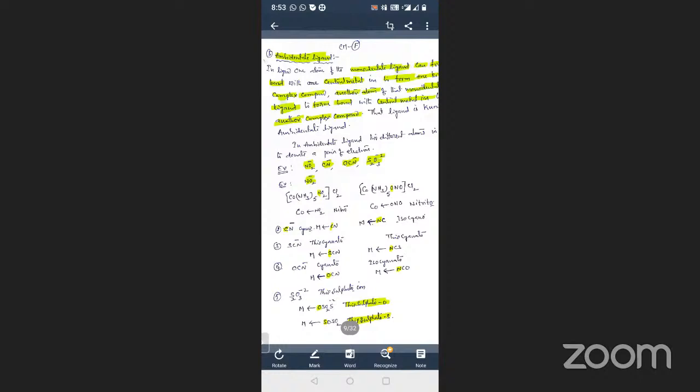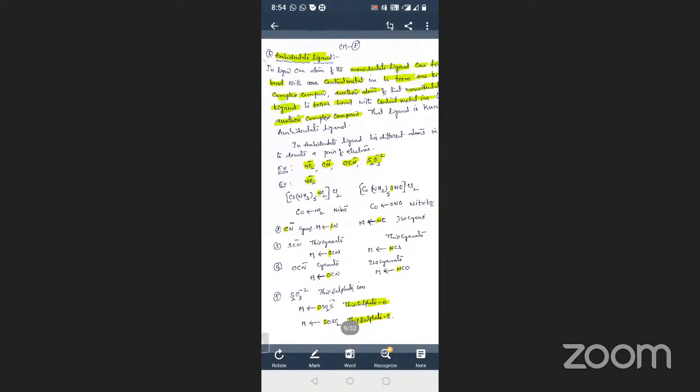Now its name is pentaamminenitrocobalt(III) chloride. And the other is pentaamminenitritocobalt(III) chloride. Here cobalt is directly linked with the nitrogen of NO2 in one, and cobalt is directly linked with the oxygen of NO2 in the other. When oxygen is directly linked with cobalt, it is known as nitrito.